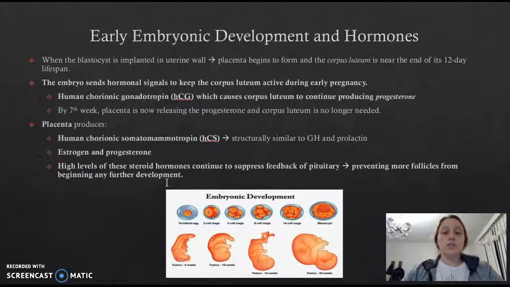The placenta will also secrete estrogen and progesterone, and high levels of these hormones continue to suppress the feedback of the pituitary, which prevents more follicles from beginning any further development, and that's why we don't have our periods or the menstrual cycle during pregnancy, because it is inhibited.